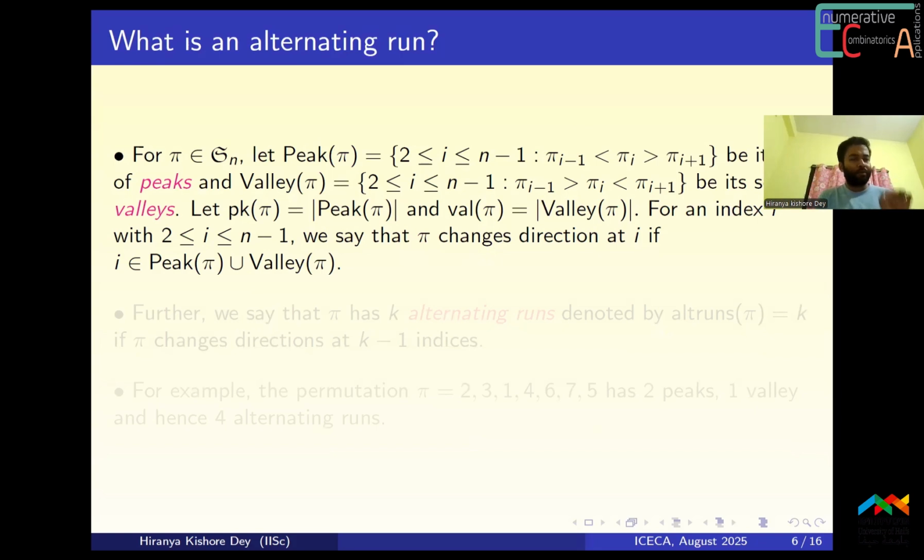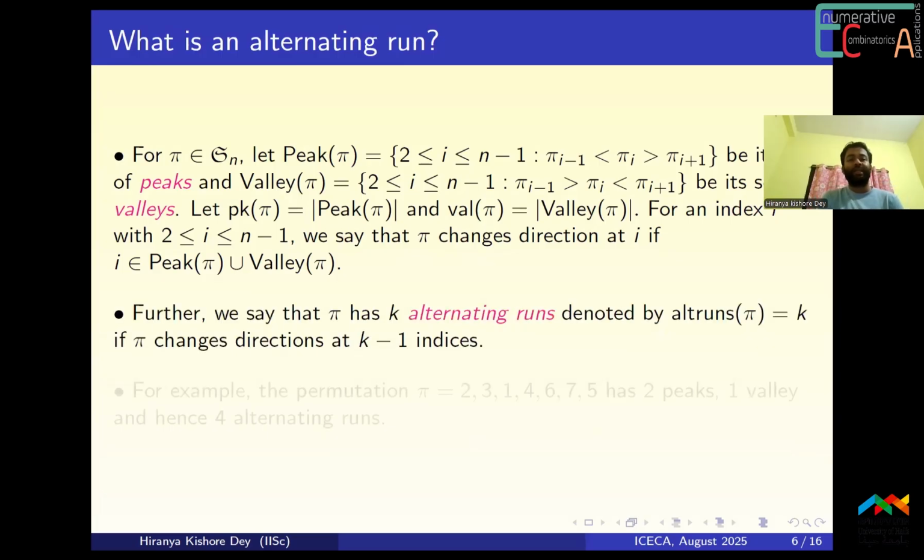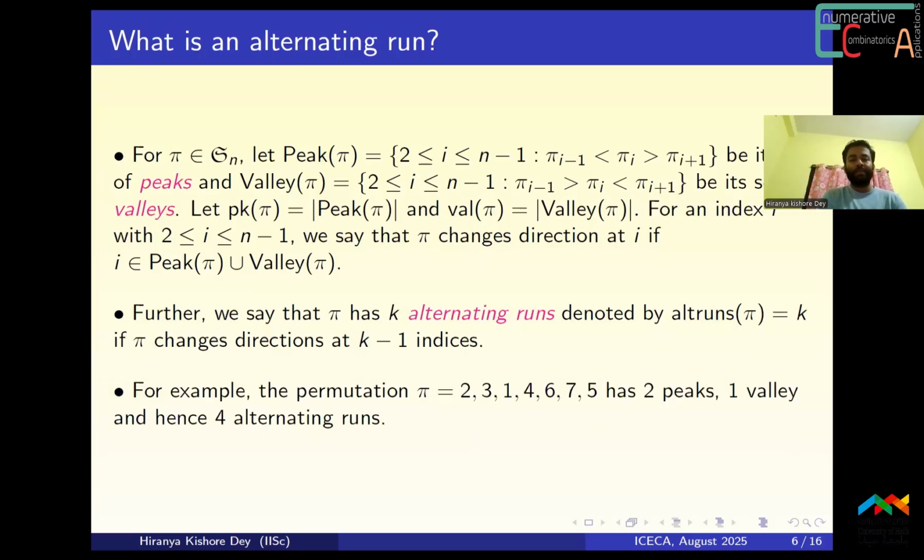If we draw a permutation, then we can see that it changes direction at i if i belongs to the peak set or the valley set. So we say that pi has k alternating runs, denoted by altrun of pi equal to k, if pi changes direction at k minus 1 indices. For example, take the permutation pi equal to 2314675.